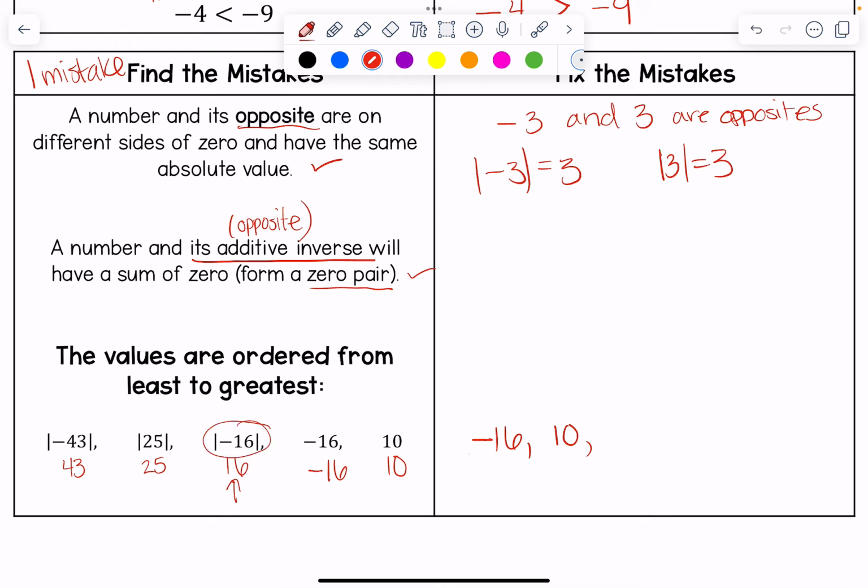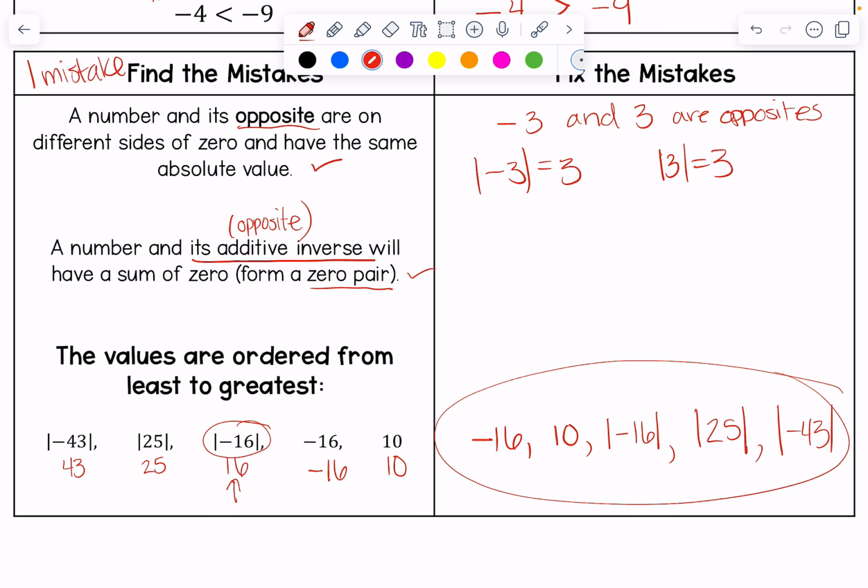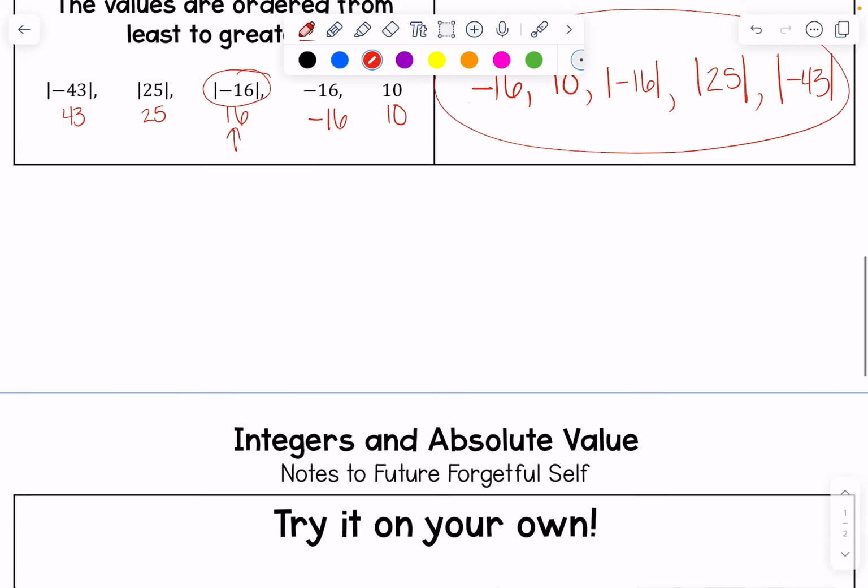Now I'm going to write it how it was originally written, which was the absolute value of -16. Then would come 25, written the same way it originally was, the absolute value of 25. And last but not least would be this 43, which was the absolute value of -43. So this would be the correct way to write that in order from least to greatest.